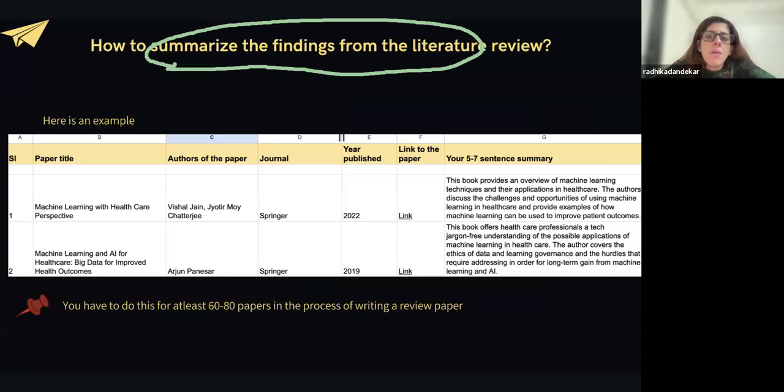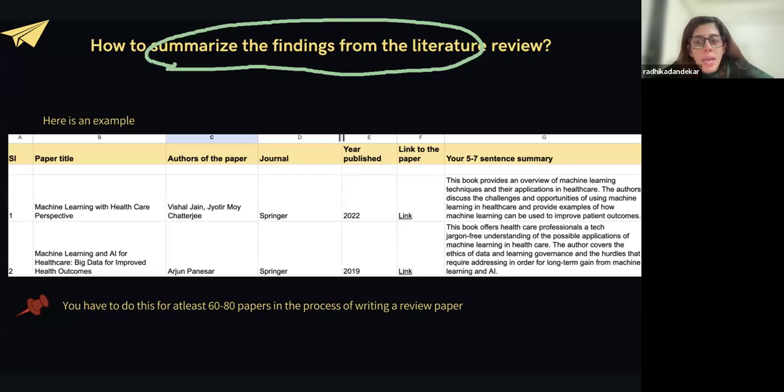Now we are going to talk about the findings of the literature review. For every paper that you read, it's very important that you summarize it. It's very important that you maintain an Excel sheet like the one mentioned here. Column G, as you can see, is the most important.